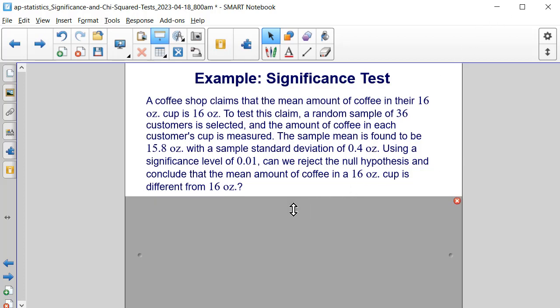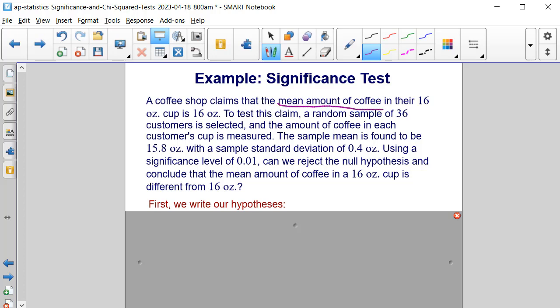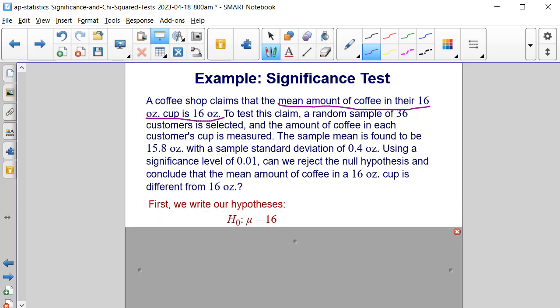Let's get started. The first step is to determine our null and alternative hypotheses. Well, our null hypothesis is provided in the problem. It matches the claim that the mean amount of coffee in their 16-ounce cup is 16 ounces. In other words, mu is equal to 16.